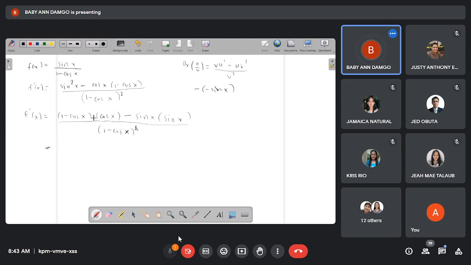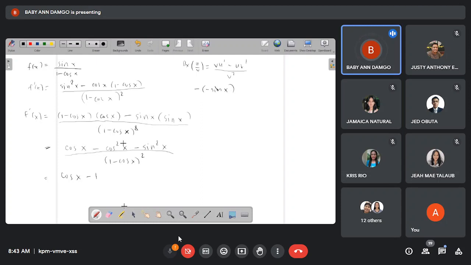Simplify: this is cosine x minus cosine squared x minus sine squared x all over 1 minus cosine x squared. So this is cosine x, and this is minus 1, right?